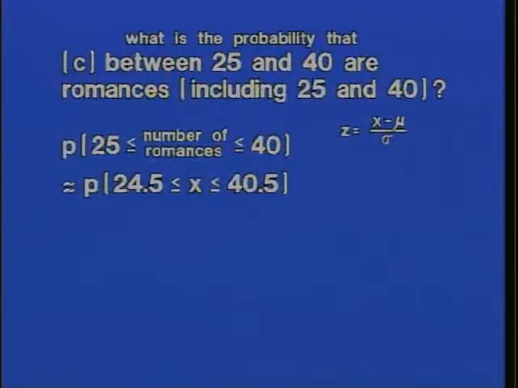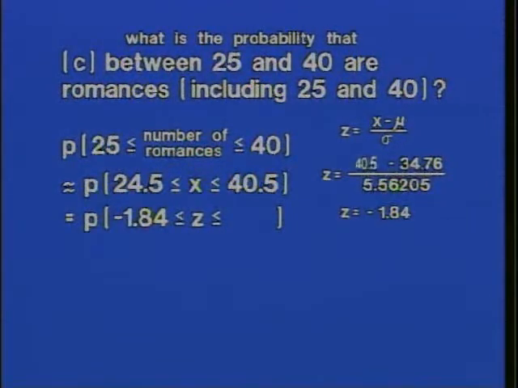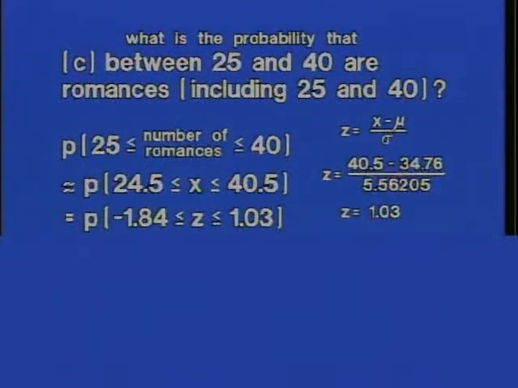Now we need z-scores associated with those, and for 24.5 the calculation is made like this. So the z is negative 1.84. We calculated this earlier. And then for 40.5 we replace that x with 40.5, and we find the z associated with that to be 1.03. And we put that value into the inequality. Now we may recall that in finding the probability, or the area, which is between two z values, we simply take the difference of the two.